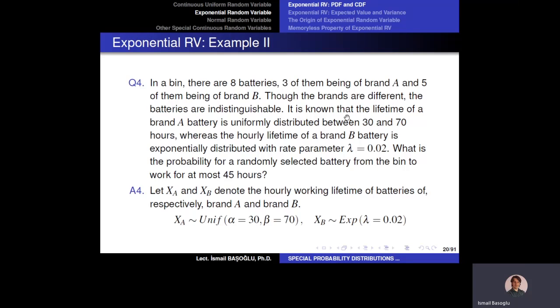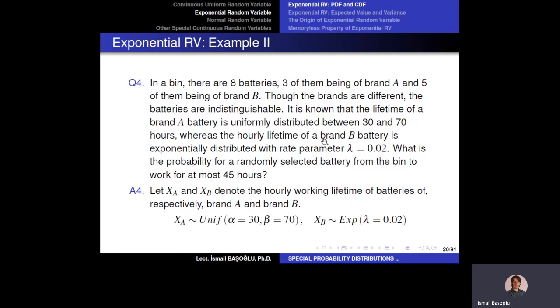Okay? It is known that the lifetime of a brand A battery is uniformly distributed between 30 and 70 hours. So we know that if you by chance choose a battery of brand A, it is going to work between 30 and 70 hours. However, it is going to be uniformly distributed. So you know the continuous uniform distribution from our previous slides.